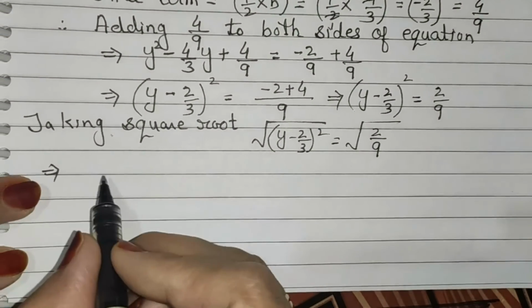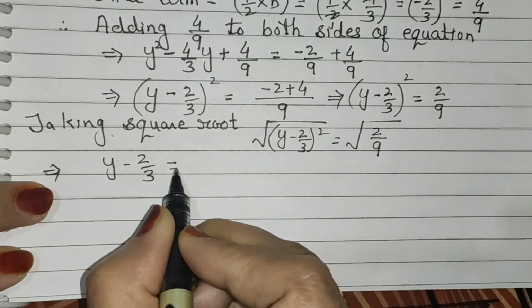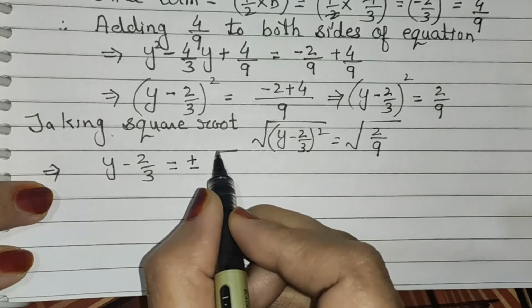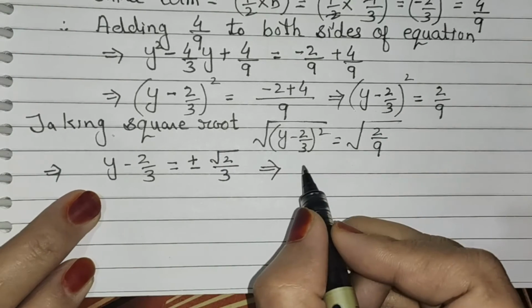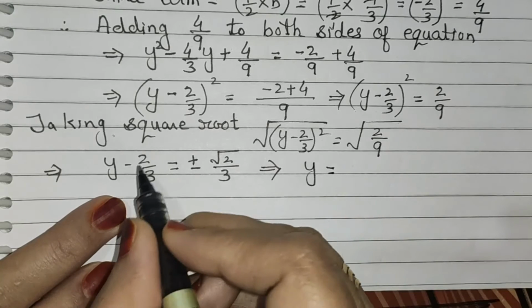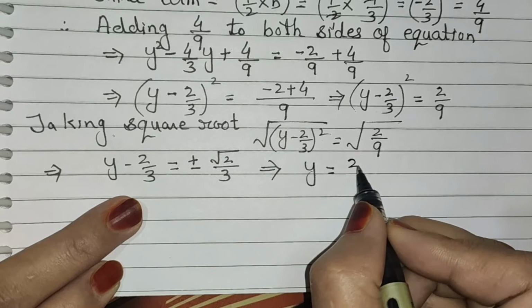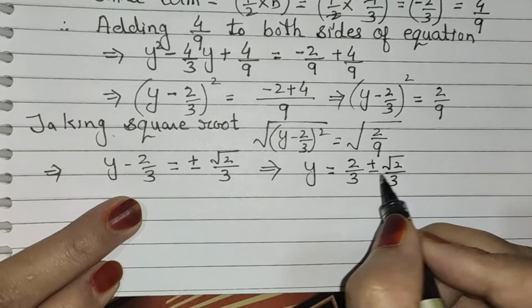Therefore, y minus 2 upon 3 is equal to, now square root of 2 upon 9 means plus minus square root of 2 upon 3. It can be written as y is equal to minus 2 upon 3 shifting to the right hand side. We get 2 upon 3 plus minus root 2 upon 3.